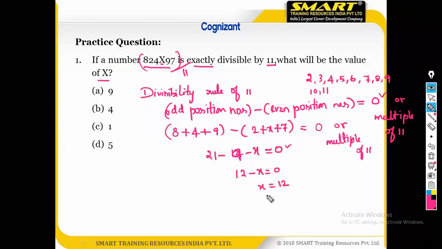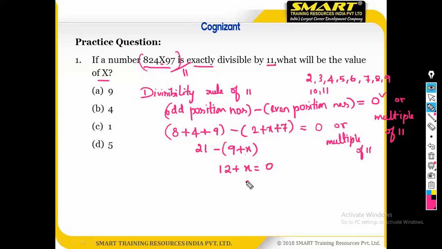Therefore x is equal to, just a minute, this is 21 minus 9 plus x, hence it is 12 plus x is equal to 0 or 11.